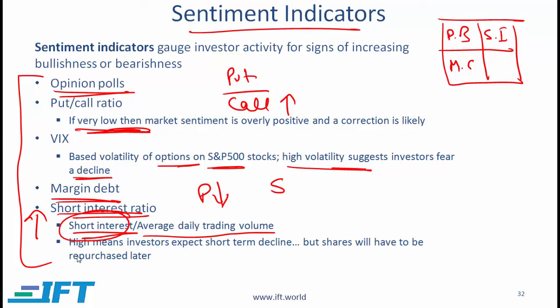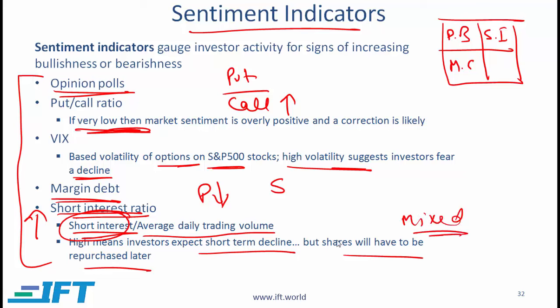When this ratio is high, that means investors expect a short-term decline, but when there is a high degree of short interest, the shares have to be repurchased later, and this is material that you will see when we discuss equity. So that would imply that later on, when shares are repurchased, the prices will go up. So this will give you a mixed signal.